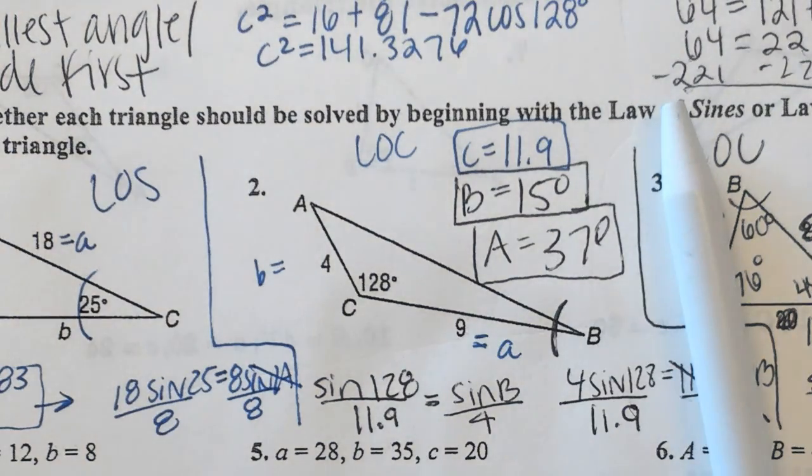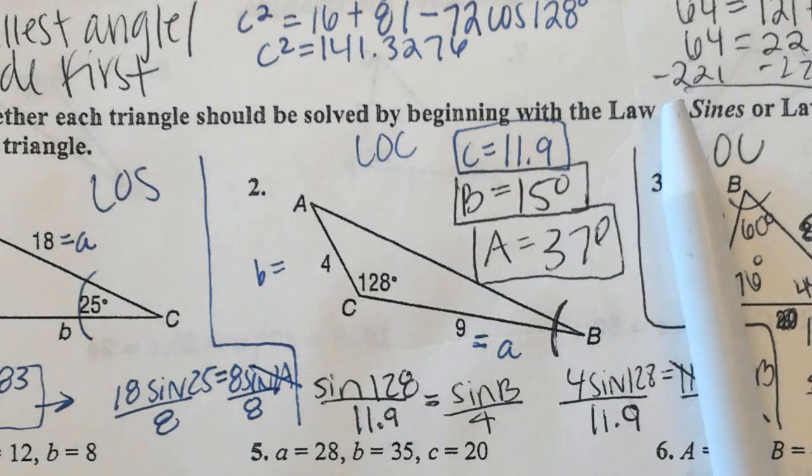Anybody want to try the whole thing on their own? Come on. Go ahead, Hood. Yeah, do one of them on your own. Okay. Don't look at it. Good. Anybody else? Go ahead, Brian.